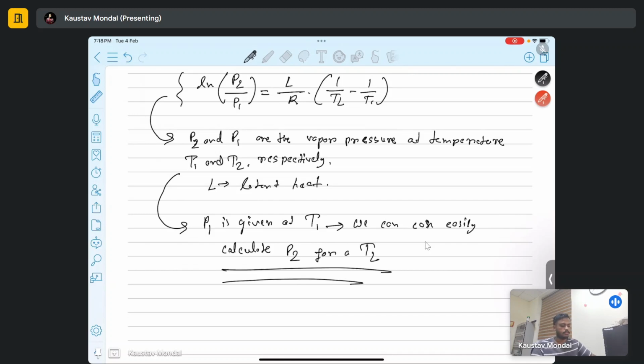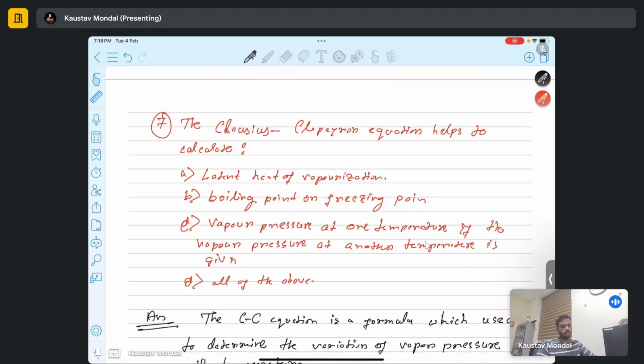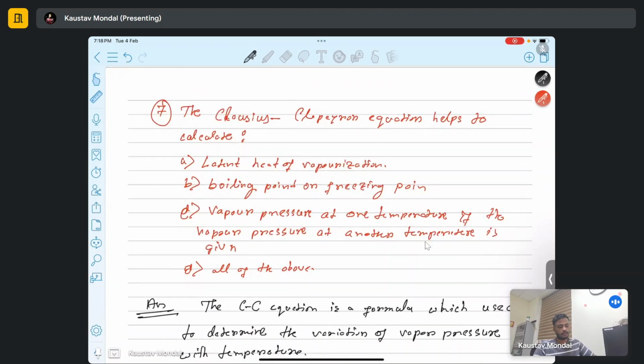Okay, this thing you can easily calculate from this Clausius-Clapeyron's equation. So the correct option will be option C.